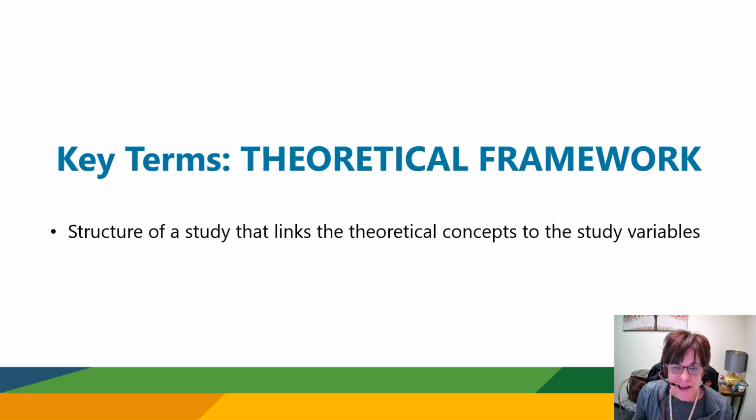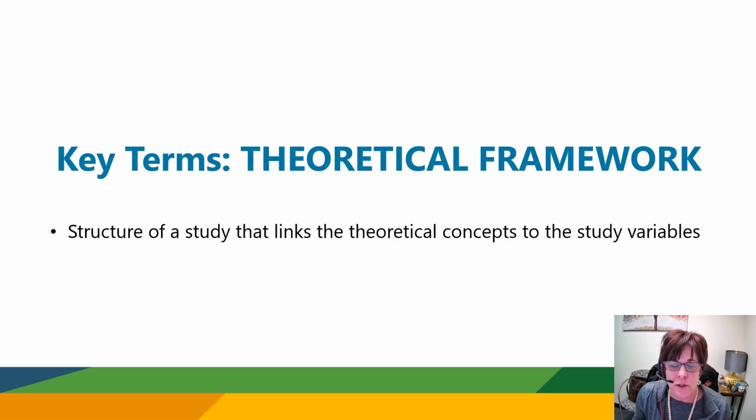So now we're going to move on to talking about theoretical framework. Our theoretical framework provides the structure for the study by linking the abstract to the empirical. So we have talked about theory providing the blueprint or foundation for a research study. This is achieved through a theoretical framework, which can also be called a conceptual framework.